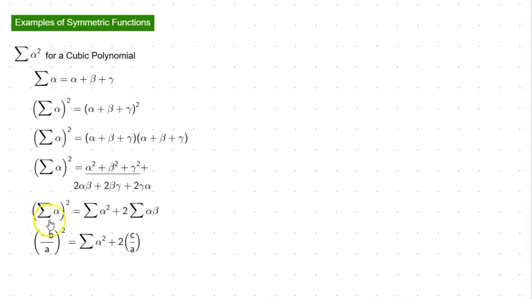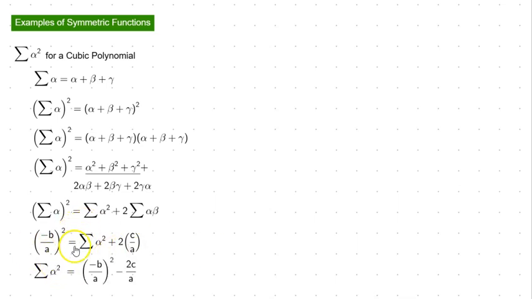We have sigma alpha square. Now sigma alpha itself, we know alpha plus beta plus gamma is equal to minus b by a. So minus b by a square is equal to sigma alpha square plus 2 times, and sigma alpha beta we know is c by a. So we do the substitutions. Now let's rearrange this.